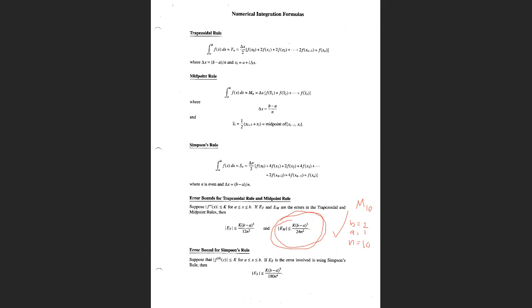What's the only thing left to find? K. Okay, so we're going to find K. Now in the formula, it says that K is greater than or equal to the absolute value of the second derivative of our function.